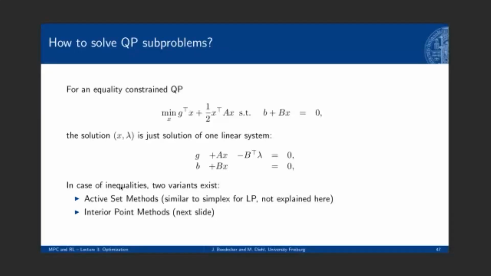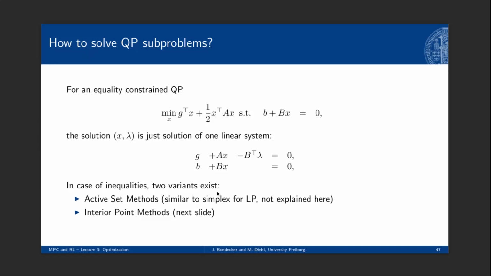But if you have inequalities, there exist two big families. I mean, there are more, but two that I want to mention here. One is the active set methods. And they are somehow similar to the simplex method for linear programming, which was the one that made the field of linear programming big, right? That's Dantzig's simplex method, basically. That's not explained here, but basically a very interesting class of algorithms.